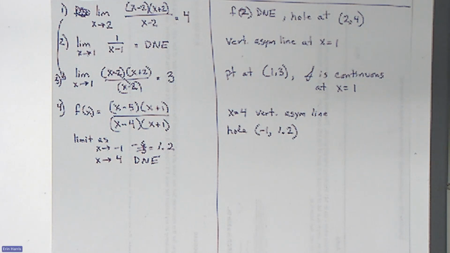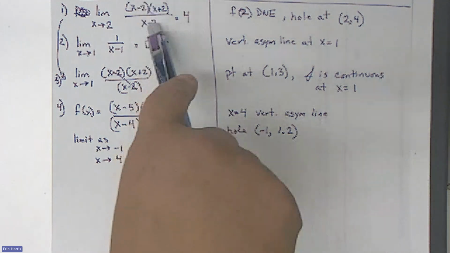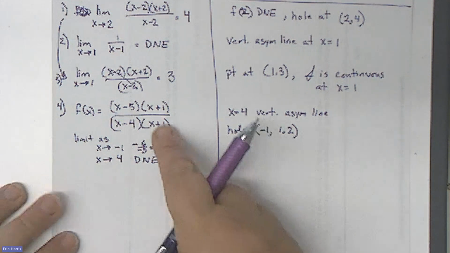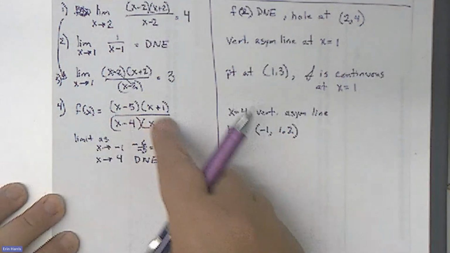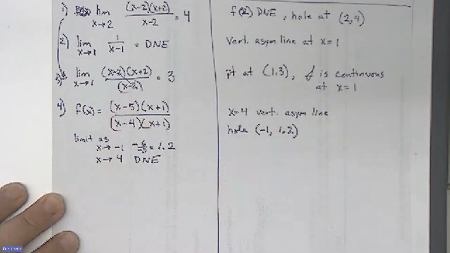As we analyze this, when did I get a hole? I got a hole here at -1, and a hole here at 2. Do we see a common theme for when we end up with a hole in the graph? If it'll factor out. Because if we can cancel, well, I shouldn't say cancel, divide to 1, then we can just plug in.